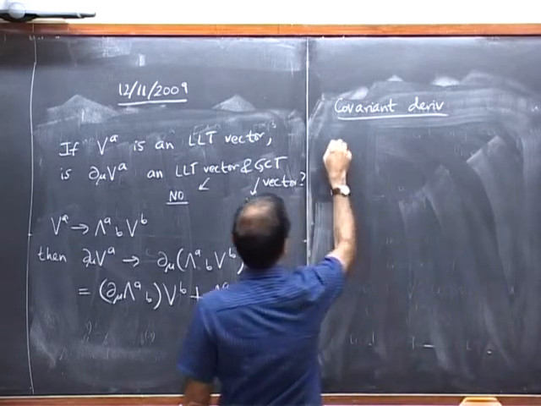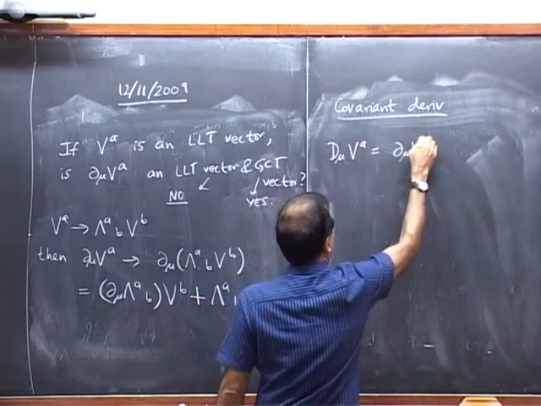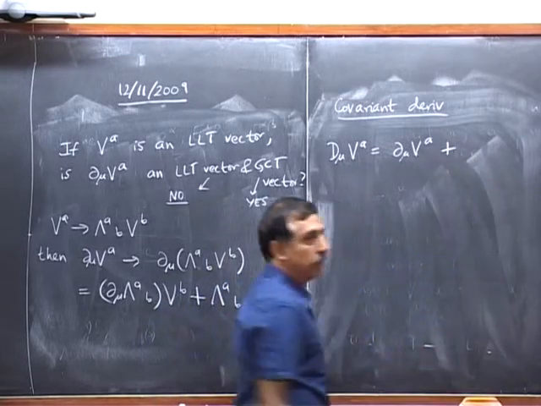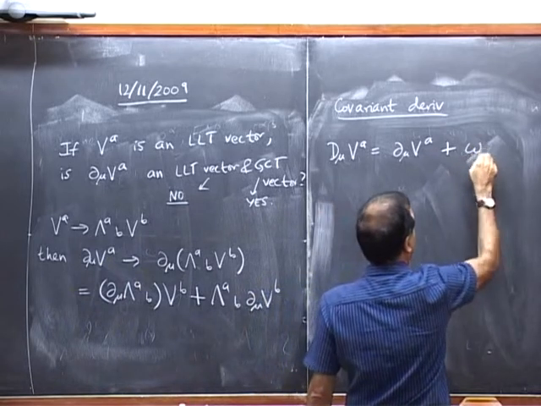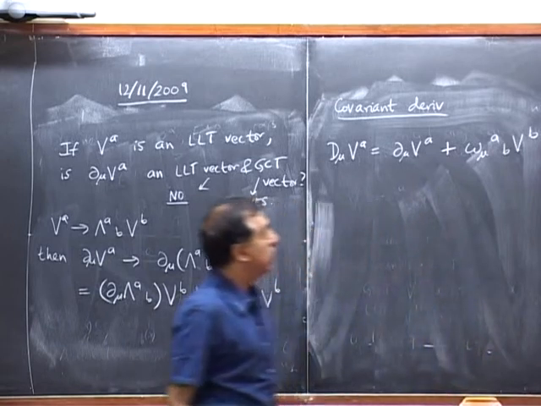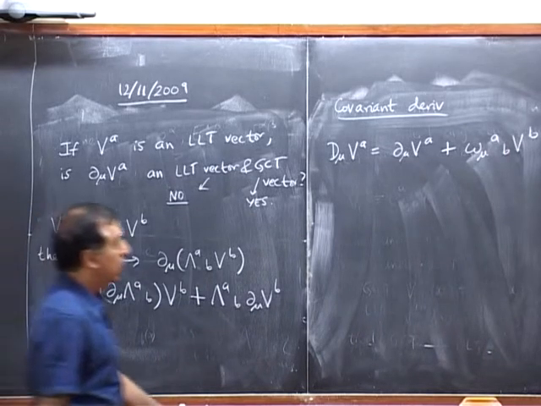The first thing, of course, is that we'll just define it, D mu VA, by saying, well, let it be the ordinary derivative plus a linear term. Okay, that's reasonable. So the linear term we'll call omega mu A B VB. This structure is perfectly general because it's just a linear transformation on VB with all the required indices. But now we have to find the right properties of omega.